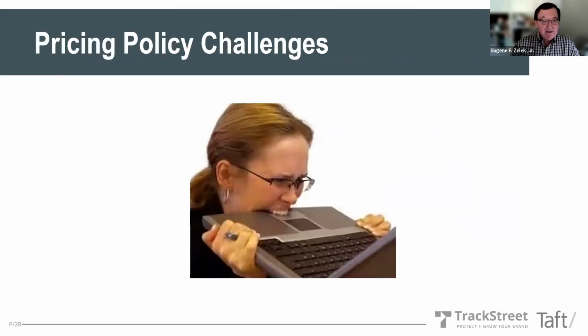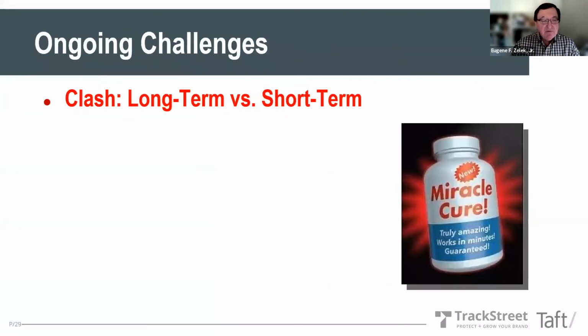Okay, so what are the policy challenges? The first one is that putting these policies in place is really a long-term proposition, not short-term. You can't assume that you're just going to put something in place and all of a sudden all the problems are going to go away. Sometimes companies want instant action, and it just doesn't happen. It's a process. It takes a while.